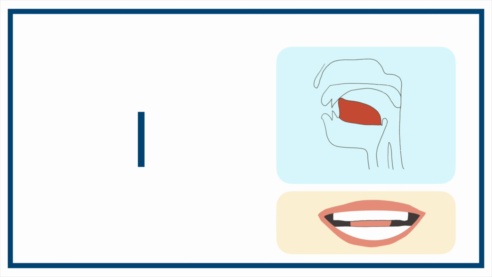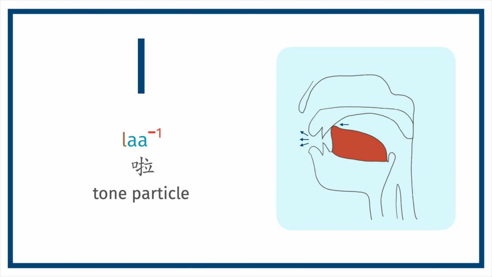The tongue position of l is the same as the previous 3, but we don't need to block the air nor vibrate the nasal cavity. Again, put the tip of your tongue on the alveolar ridge and let the air escape from 2 sides of your tongue. Then release your tongue. L, l, la, la.